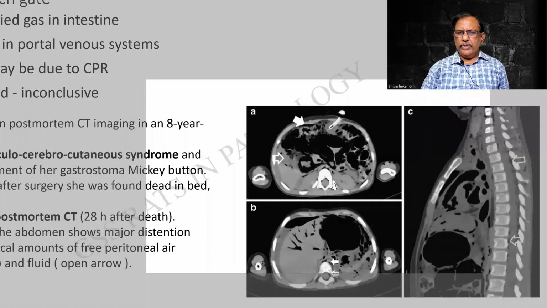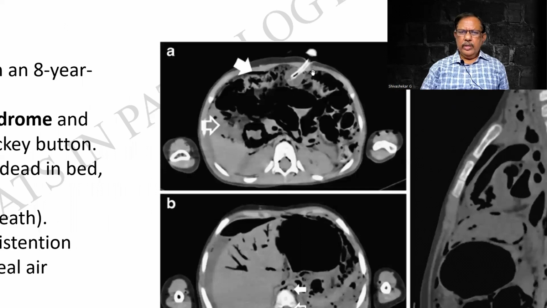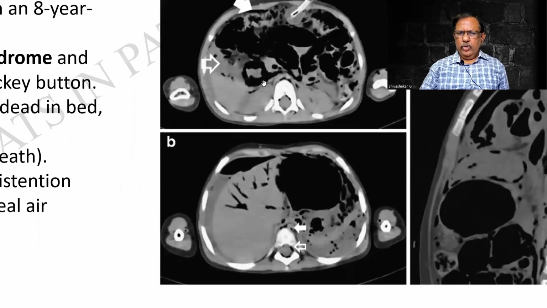See what I'm trying to say. Here, what the person says is that there is an amount of gas being collected over here. As I told you, air is black. And so also in this picture, there is a collection of air under the diaphragm or whatsoever. This picture is even more useful.